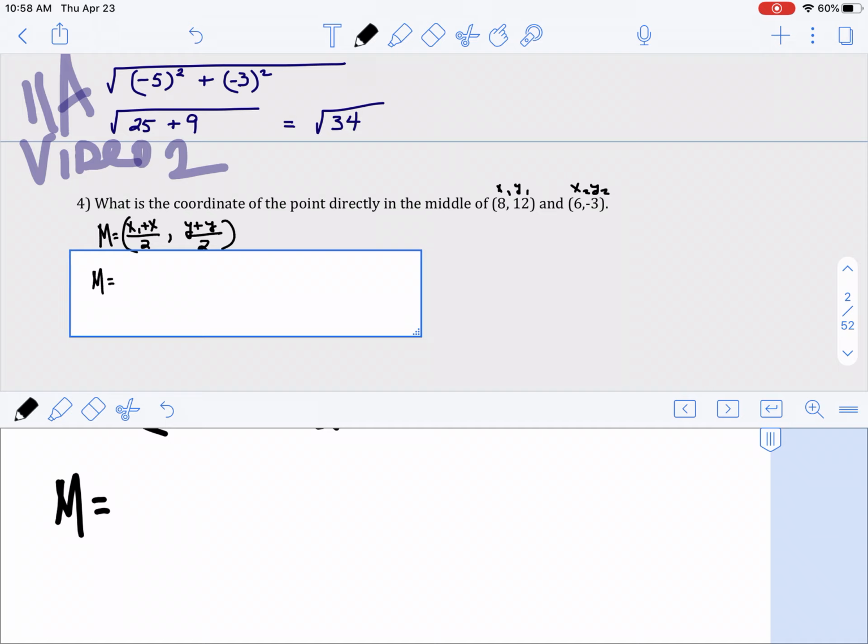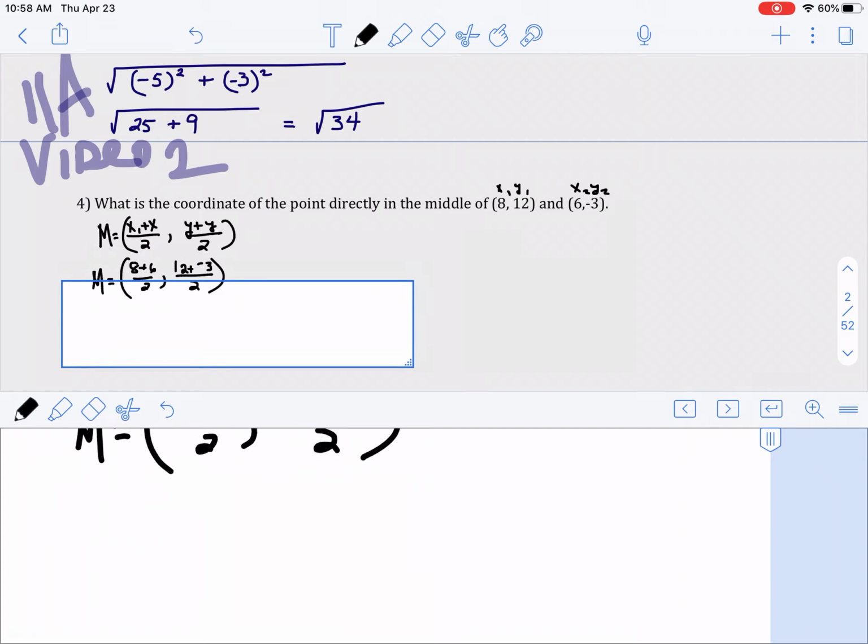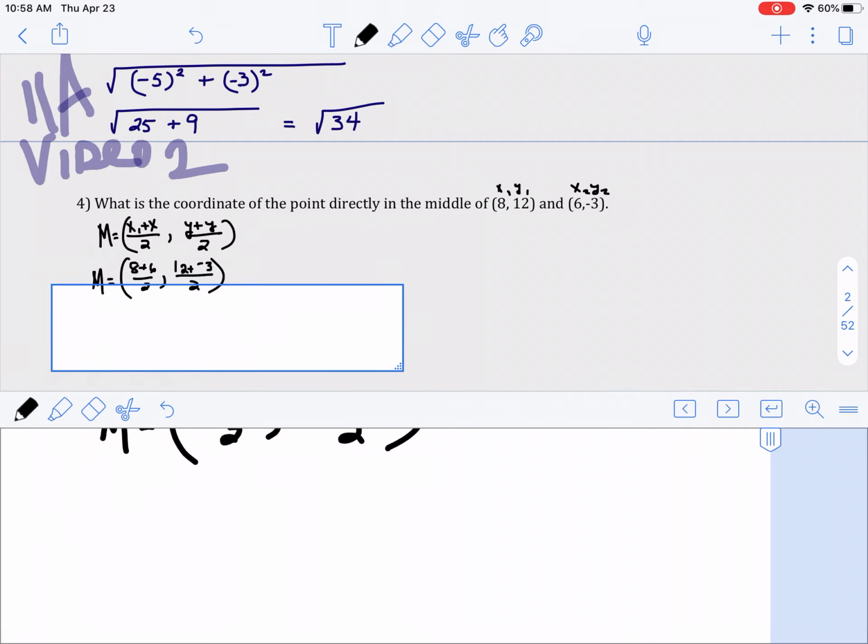Okay, so I'm going to have 8 plus 6 over 2, and I'm going to have 12 plus -3 over 2. Okay, so 8 plus 6 is 14. 14 divided by 2 is 7. 12 plus -3 is 9 over 2.